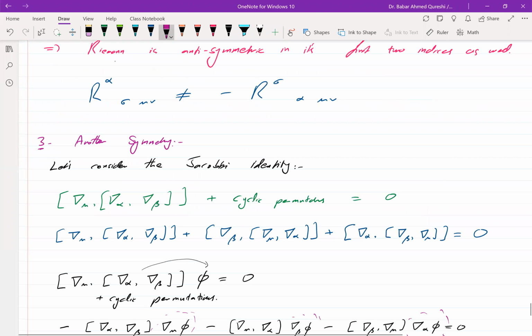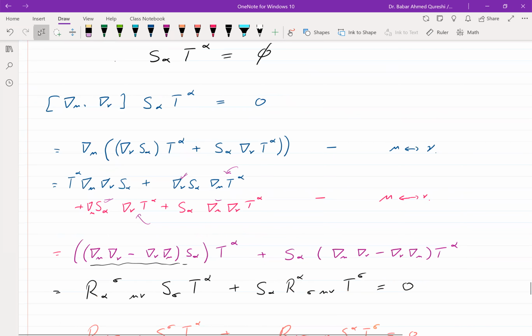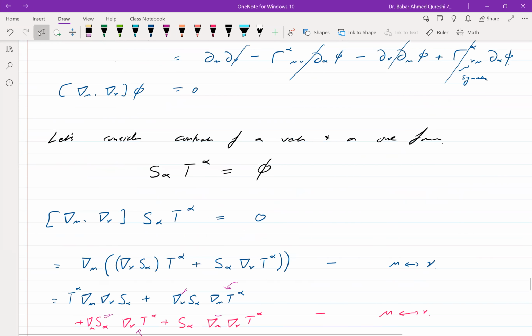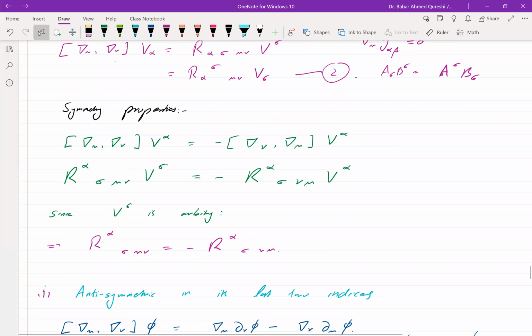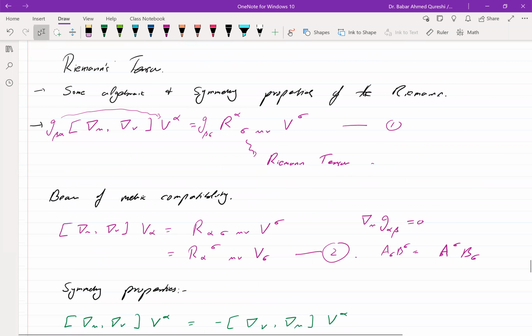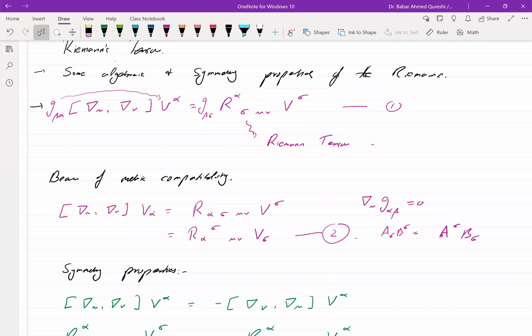If you go back, where was it? Yeah, the one-form index gets replaced at the first position, and then you get a sum, which is summed with the one-form.